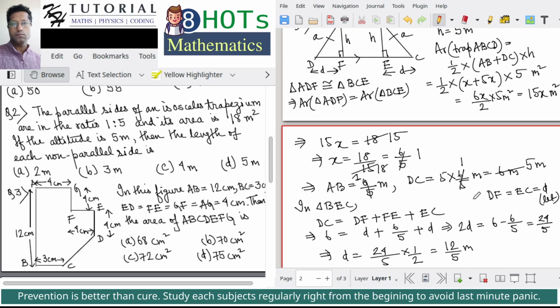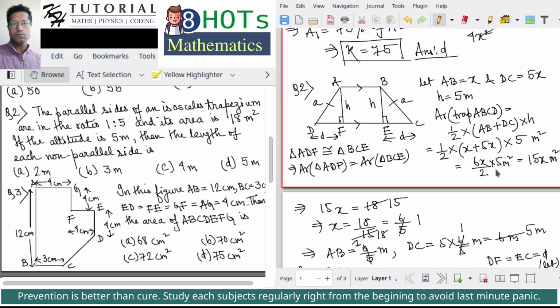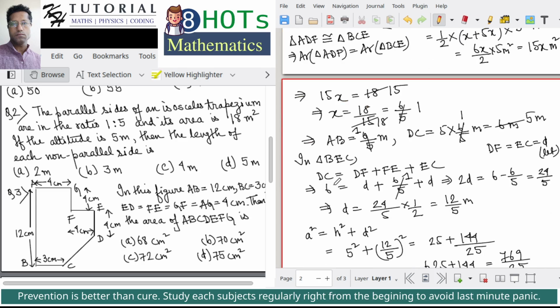Then FE is equal to AB, which is 1, and we will have twice D. DC is 5, so twice D will be equal to 5 minus 1. So D will be 2.